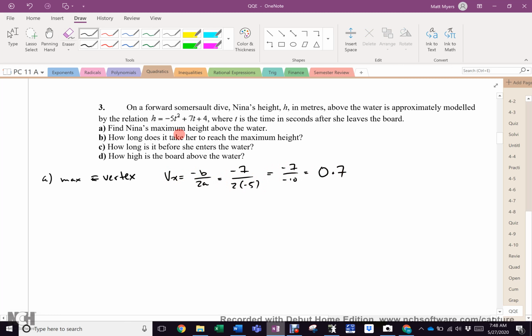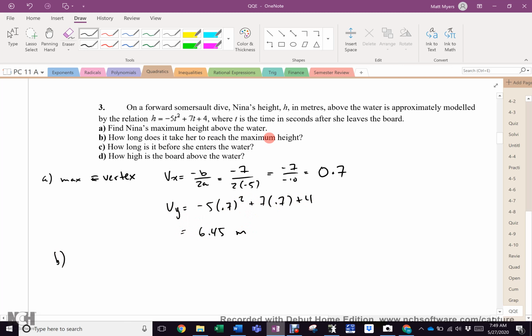So that is the vertex x. Then our vertex y is negative 5 times 0.7 squared plus 7 times 0.7 plus 4. When you run that through your calculator, you're going to get 6.45 meters. That's her vertex y, that's her height.